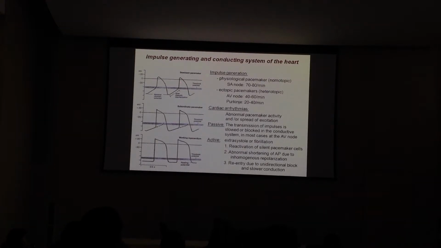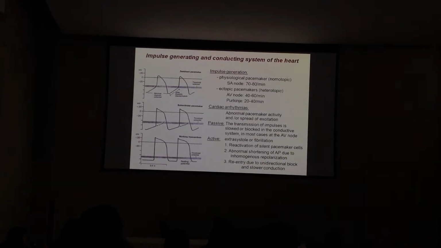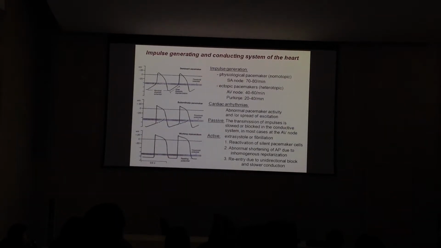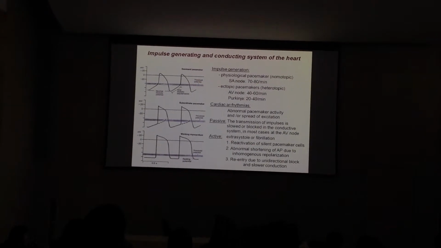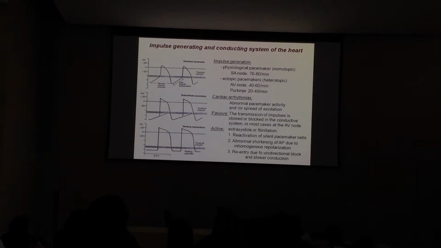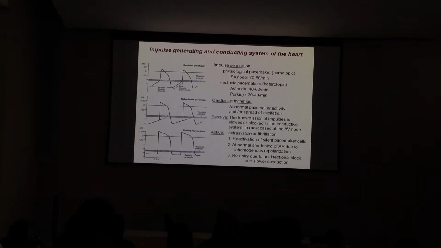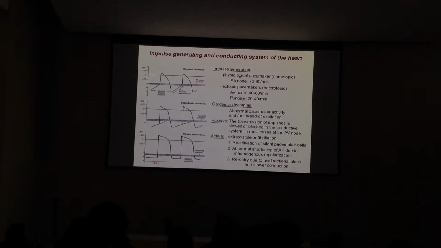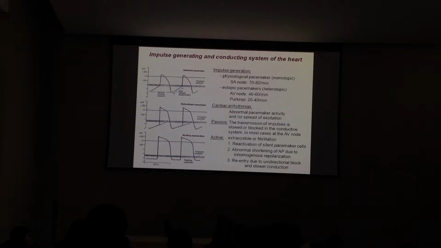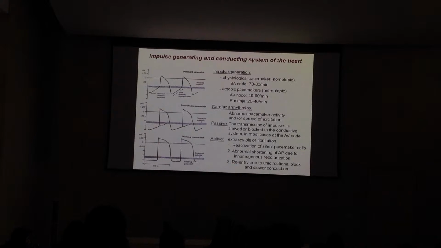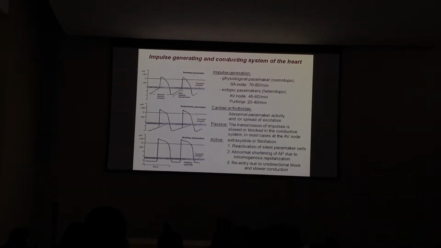It means that the SA node generates the pacemaker action potentials at a frequency of 70 per minute, but the reactivated AV node generates 10 more action potentials during a minute. Therefore, these 10 action potentials will appear in the cardiac membrane as extra action potentials, evoking extrasystole.